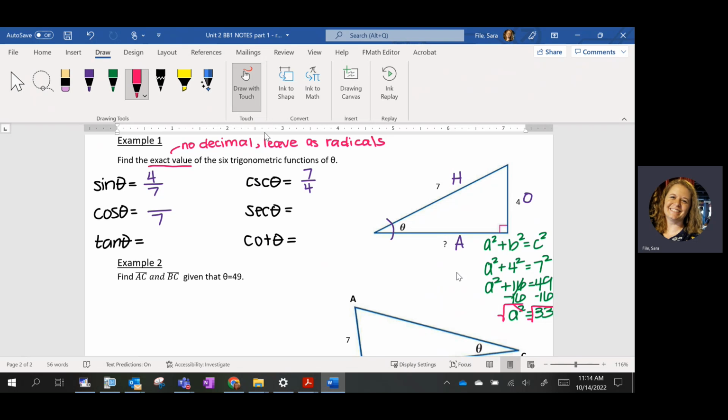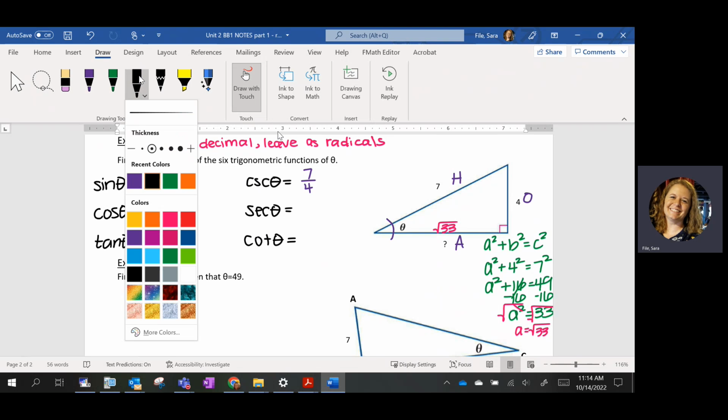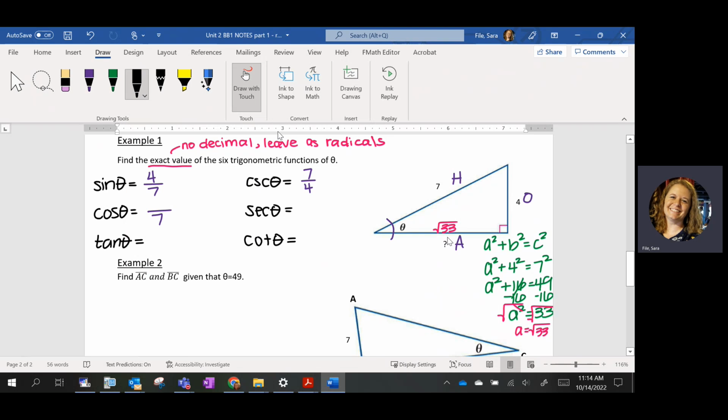And I'm going to leave it as the radical because it said exact answers. I'm not going to get a decimal there. So this side is square root of 33. Now, what I said earlier is if you can reduce your radical, you want to do that. If you remember from algebra 2, reducing radicals, you would make a factor tree.